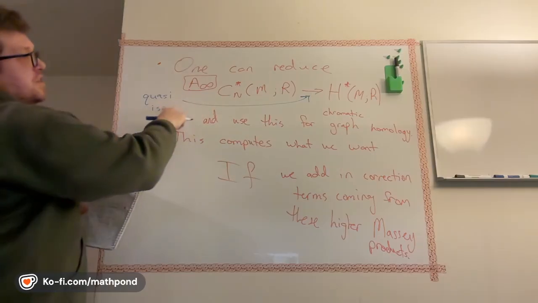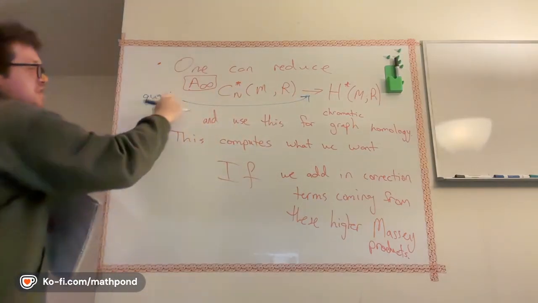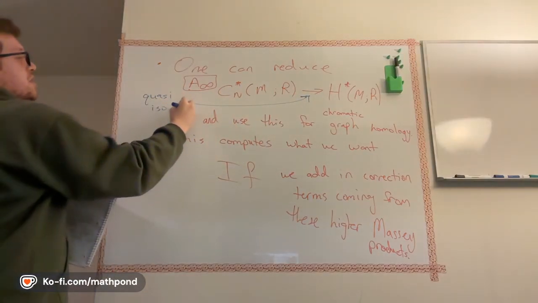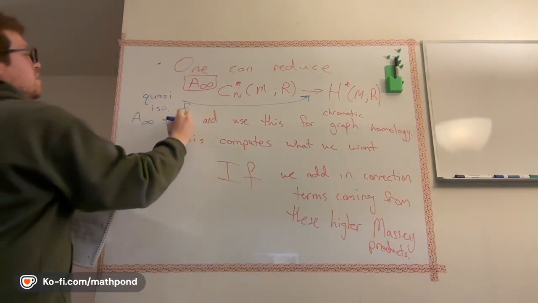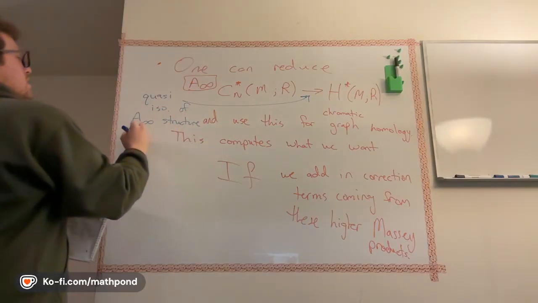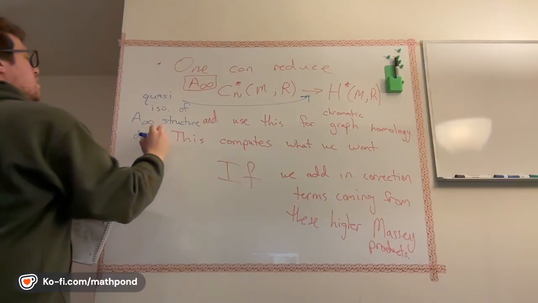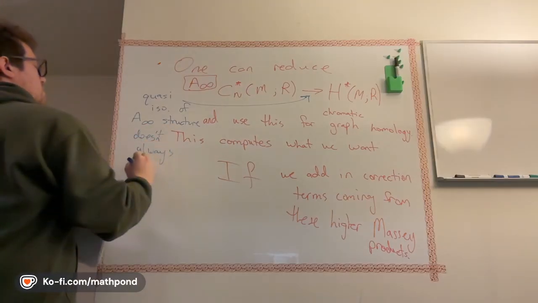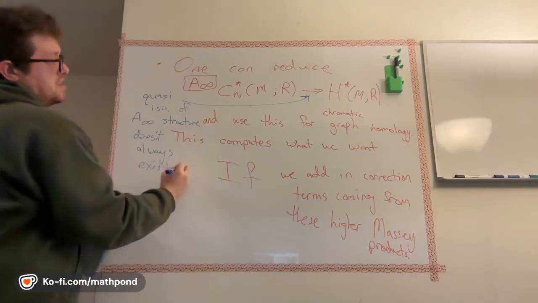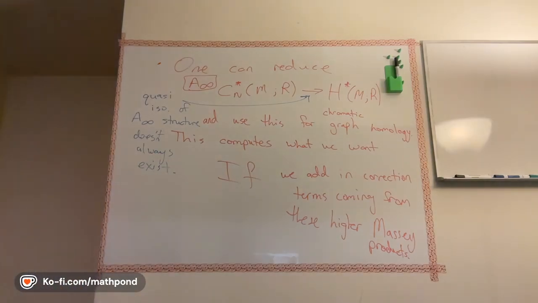So yeah, this quasi-isomorphism of A infinity structure doesn't always exist. It only exists in those special cases that I was talking about.